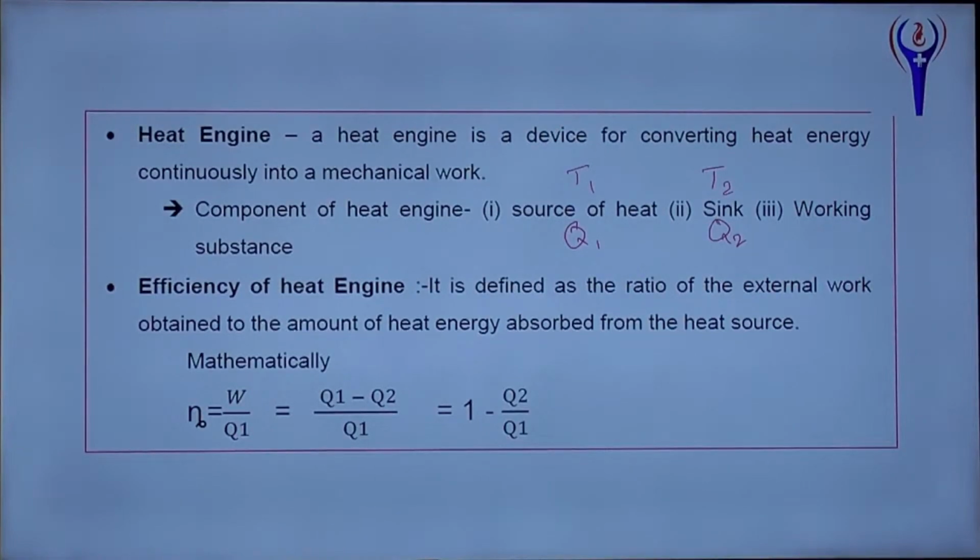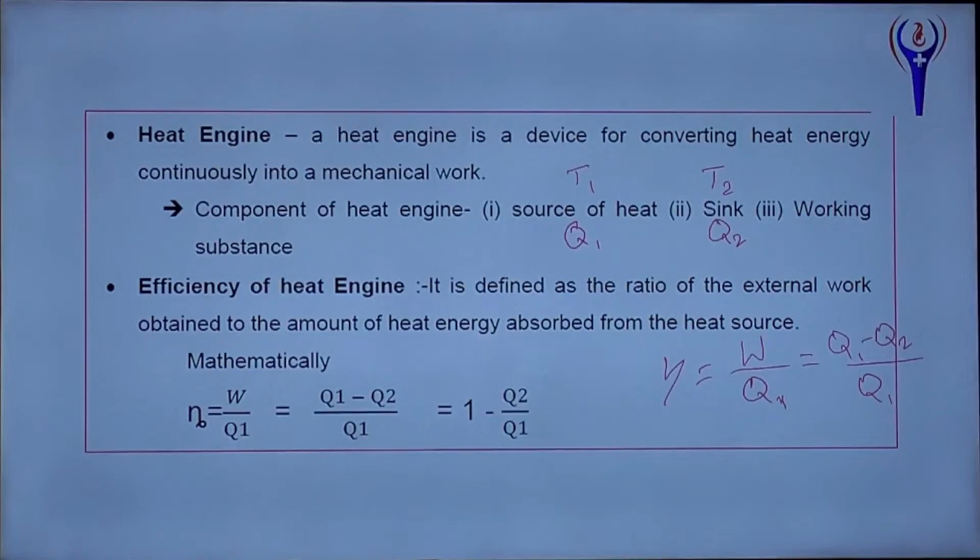Efficiency eta equals W by Q, that is Q1. And this W is nothing but Q1 minus Q2, so eta equals Q1 minus Q2 by Q1.